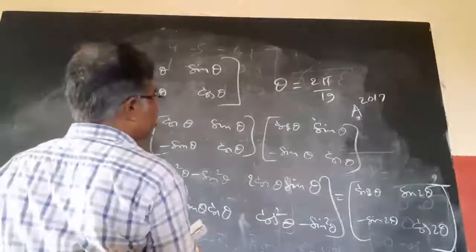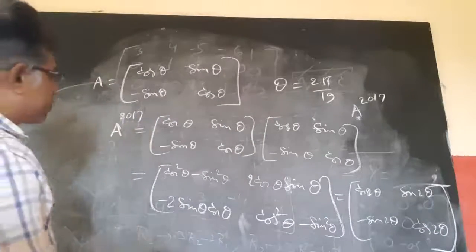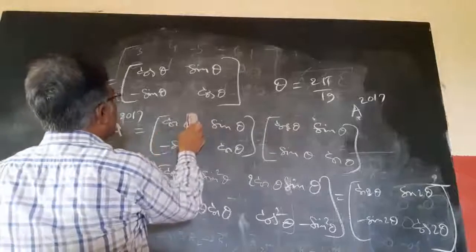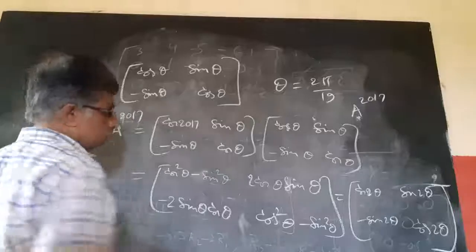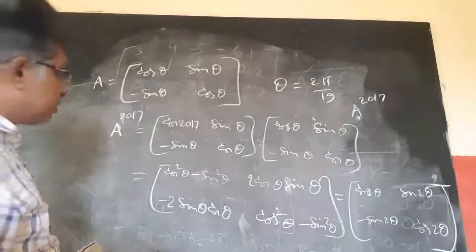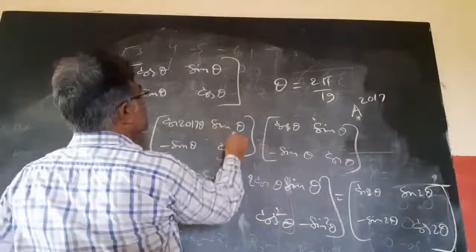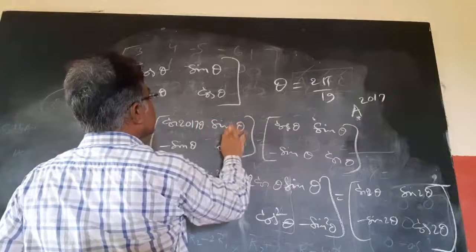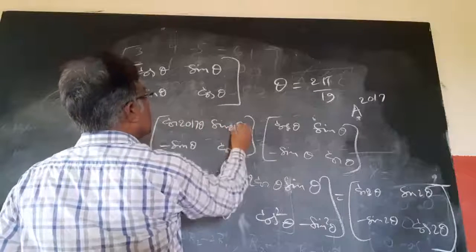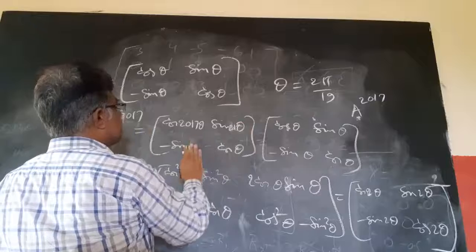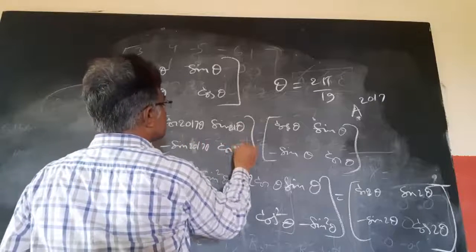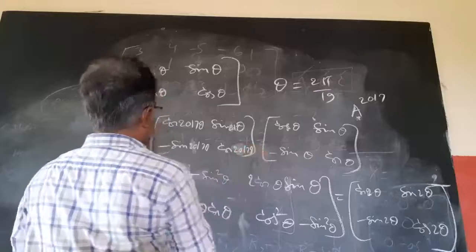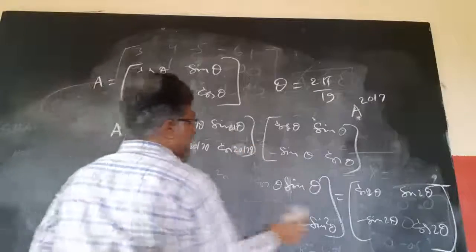gives me how much? Cos of 2017 theta, sin of 2017 theta, minus sin of 2017 theta, cos of 2017 theta. Now simplify this. This is what we got till now.